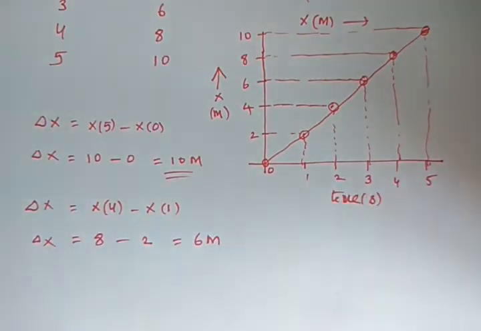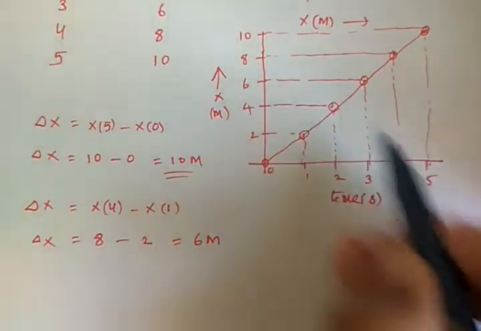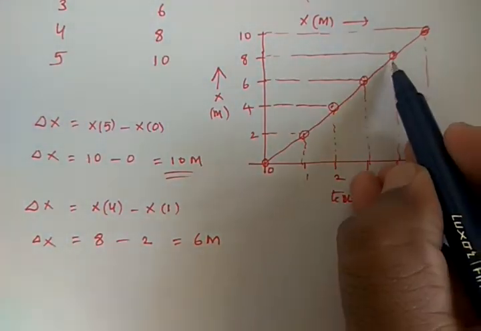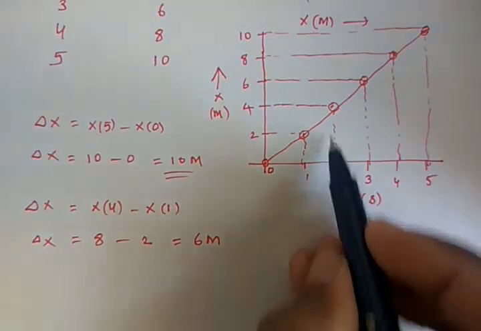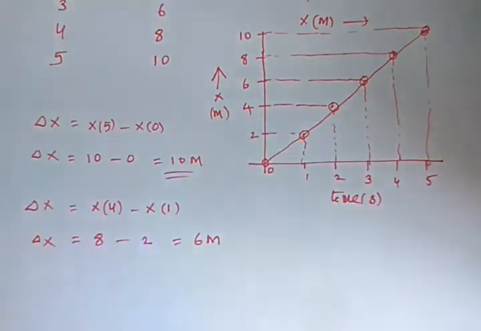At t is 4, location is 8, and at t is 2, location is 4, then 8 minus 4 will be 4 meters. So this is how you can find change in position.